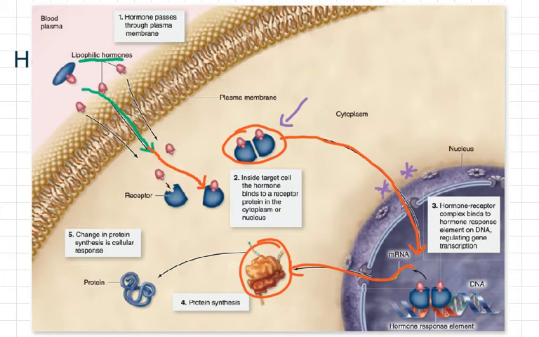So this combination directly exerts its effects on the DNA. And so with this effect on RNA transcription and translation, the changes in protein synthesis cause direct changes to cellular actions. And this is how this mechanism of action works.